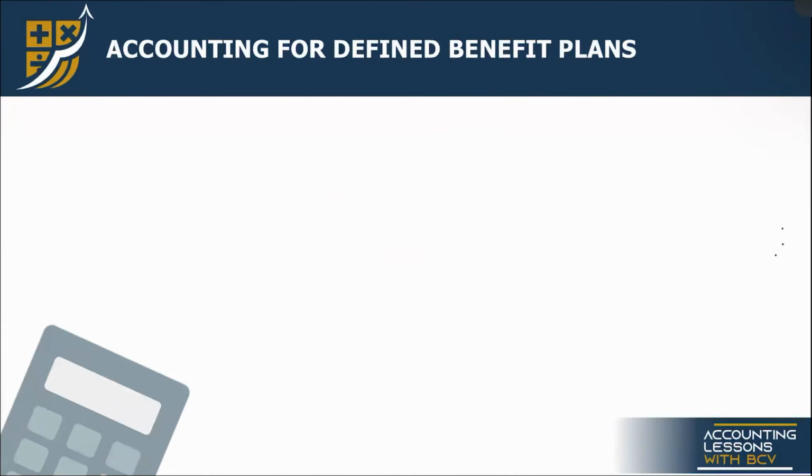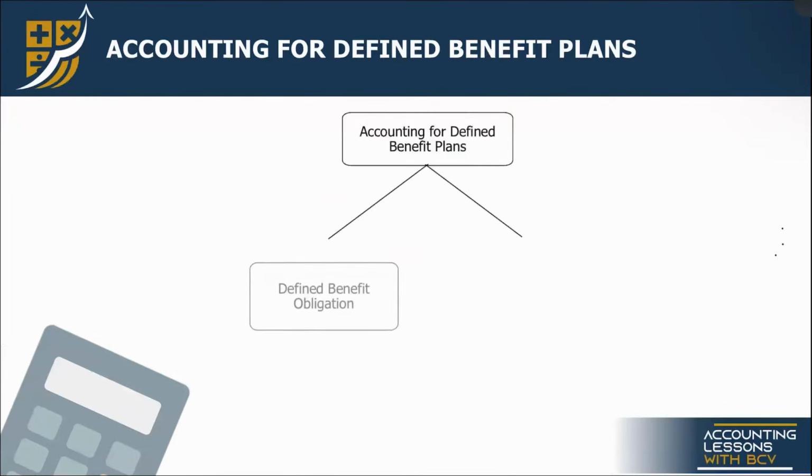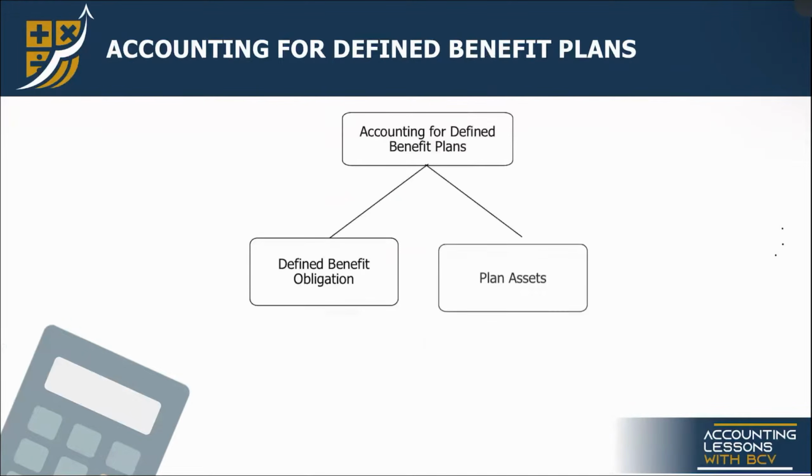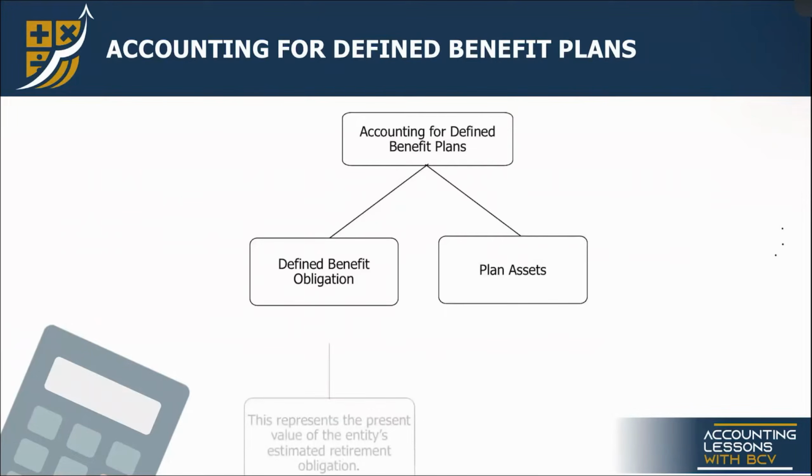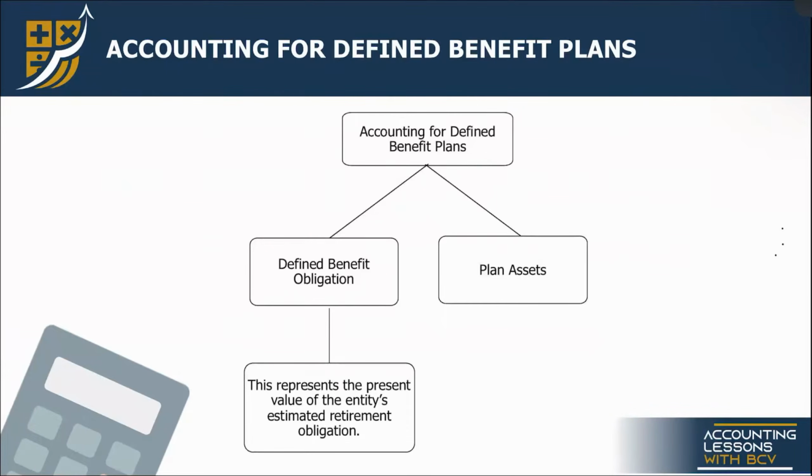So, as a form of introduction for this topic, when we say accounting for defined benefit plans, actually, we are accounting for 2 components. What are those components? Number 1, defined benefit obligation, and number 2, plan assets. When we say defined benefit obligation, this represents the present value of the company's retirement obligation.